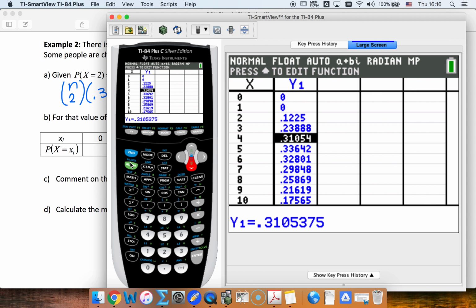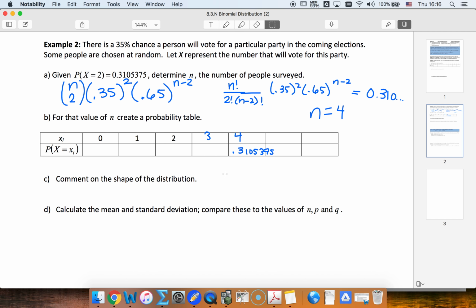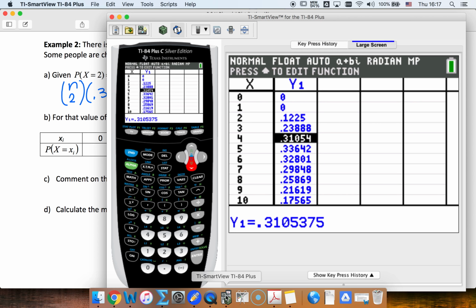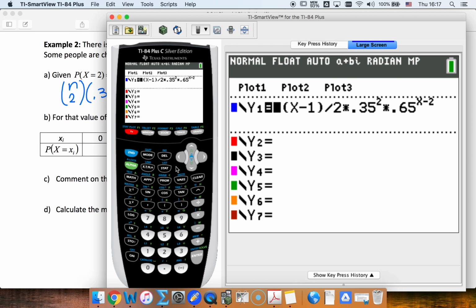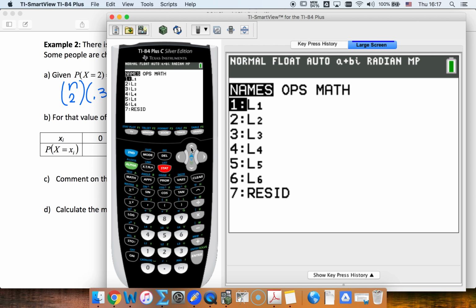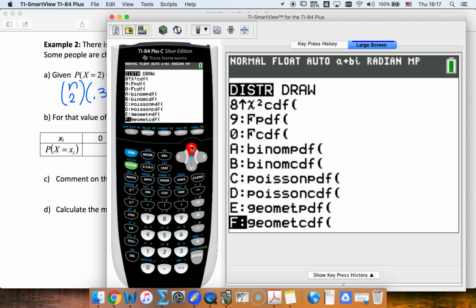So now that I know that, and that is actually not the value for 4, that's the value when I have two people voting. So now I'm going to come in and go into my y equals, clear this out, and make this a, whoops, I want a distribution, binomial PDF.